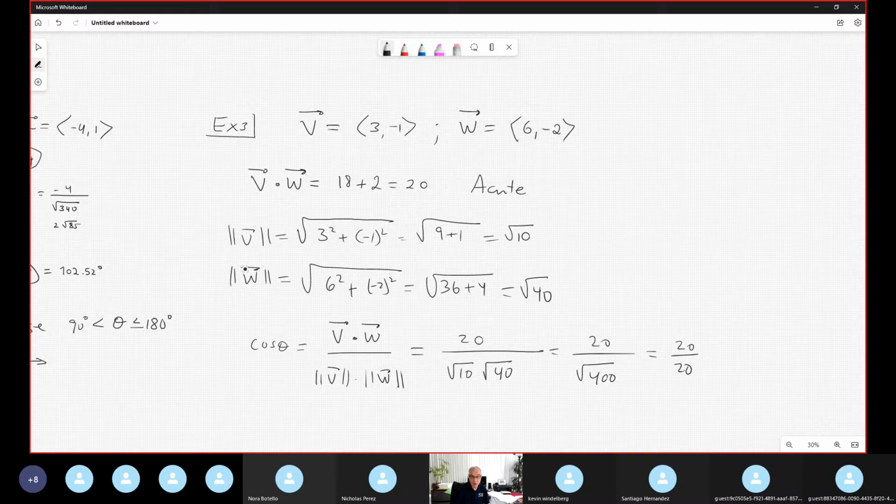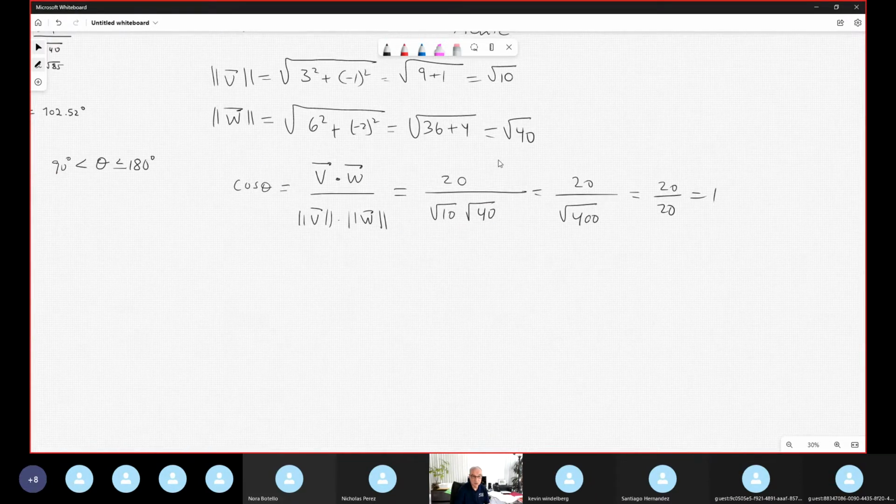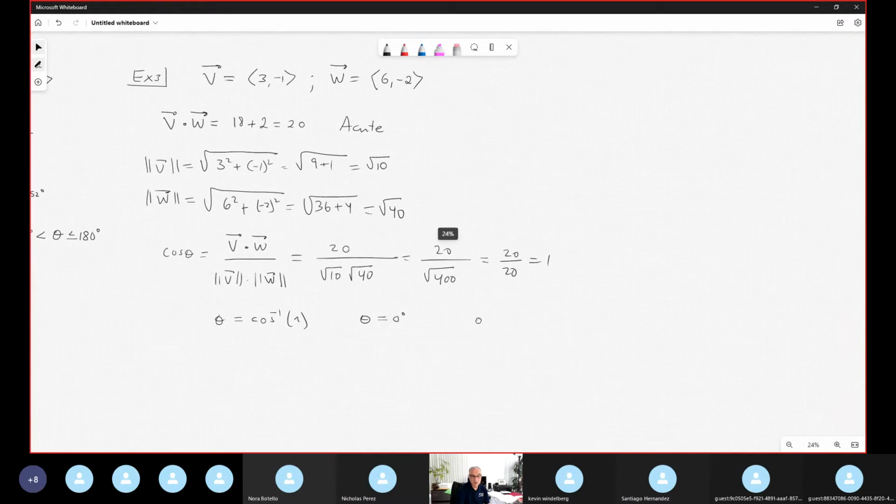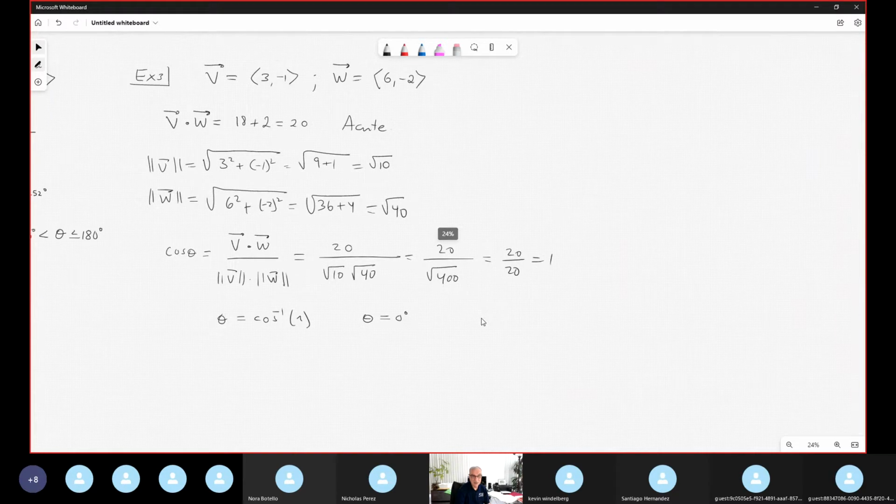And 20 divided by 20 is 1. Wow. It's 1. Now the theta value is cosine inverse of 1. I know by memory that the angle whose cosine is 1 is 0 degrees.